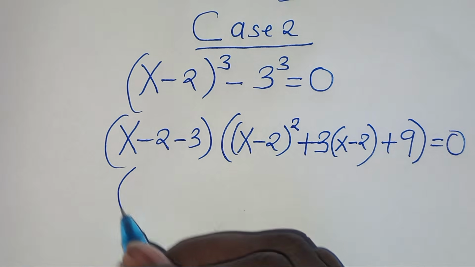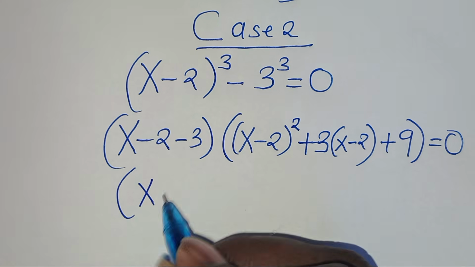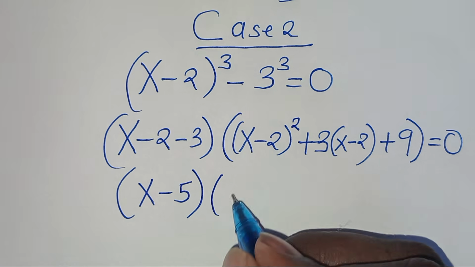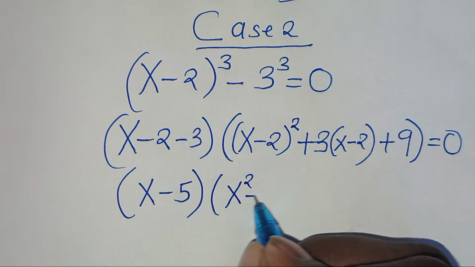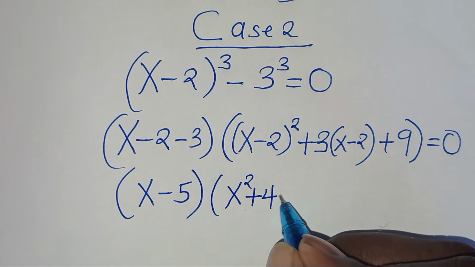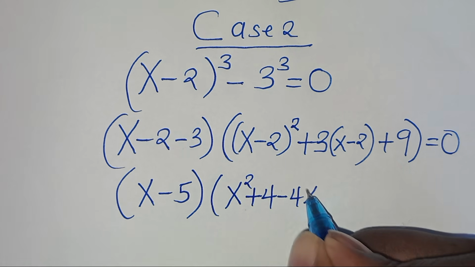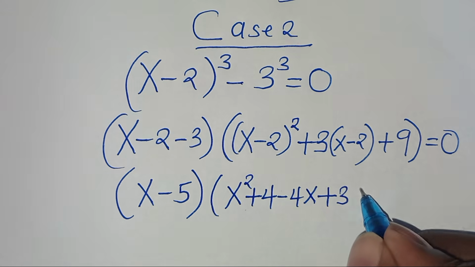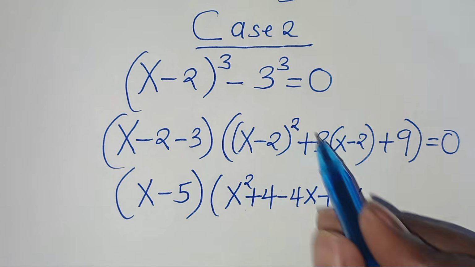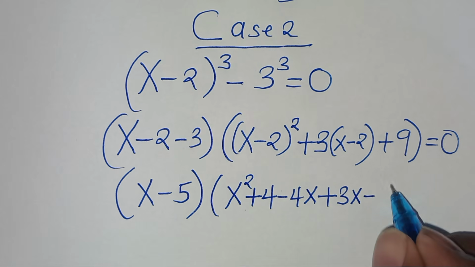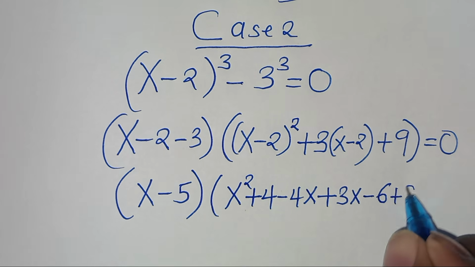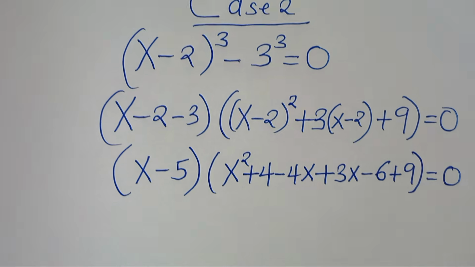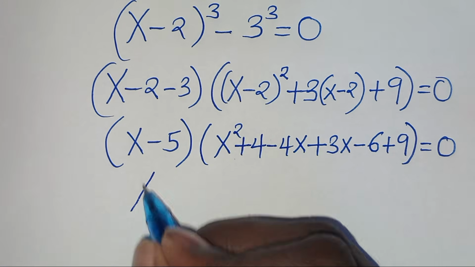So we have here x minus 2 minus 3, this is x minus 5. Then let's expand this. This is x to the power of 2 plus 4 minus 4x, then plus 3 times x, this is 3x. Then we have 3 times minus 2, this is negative 6, then plus 9, close the parentheses, this is equal to 0.